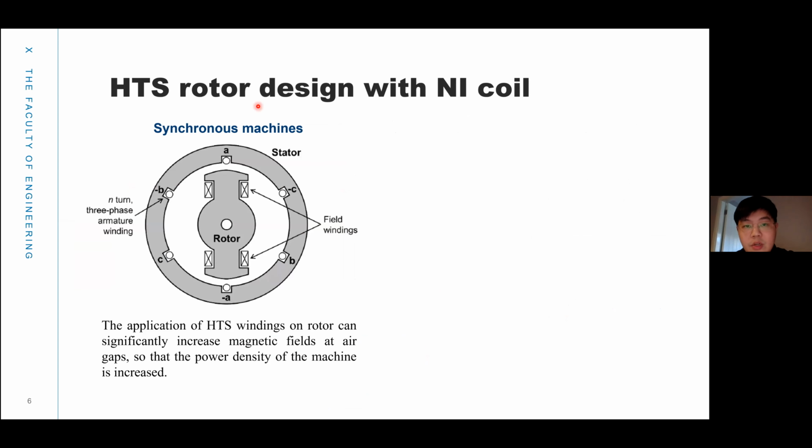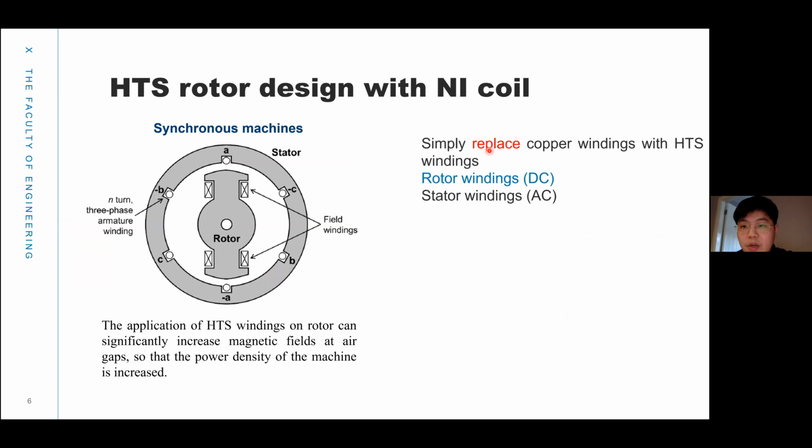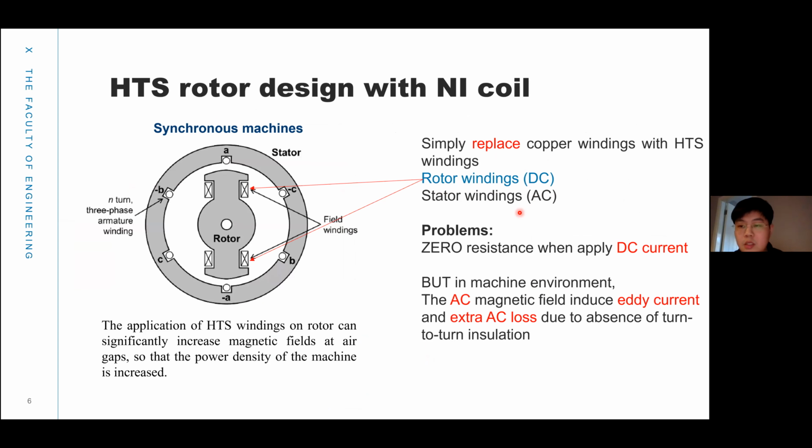The HTS rotor design with an NI coil simply replaces the copper windings of the rotor with HTS windings made of NI coil and applies a DC current. When we apply a DC current in the NI coil, all the current flows in the superconducting layer, and there is zero resistance in DC conditions.